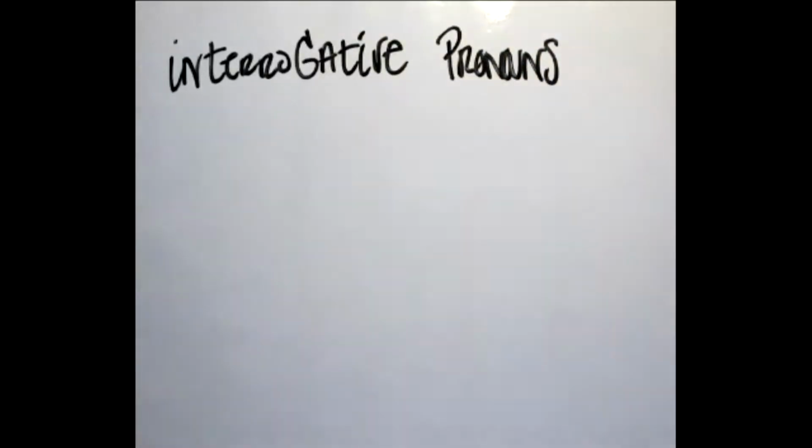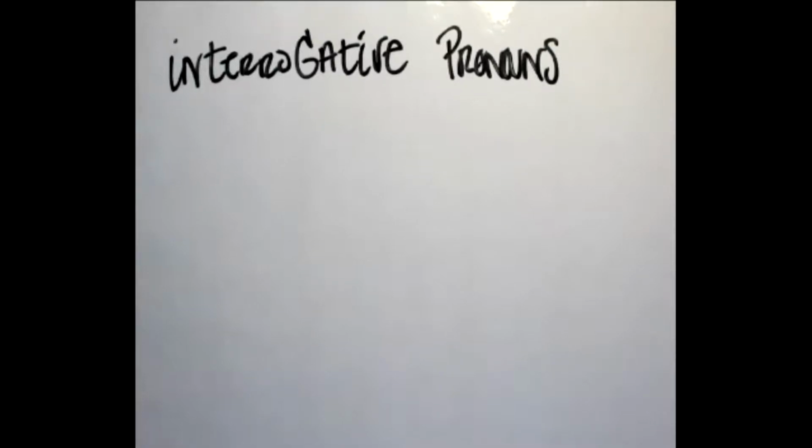When you hear interrogative, you think what? Interrogation, and interrogations are what? They're questions. Where relative pronouns are kind of explanations within the text, a little more information on the antecedent, interrogative pronouns are question words.